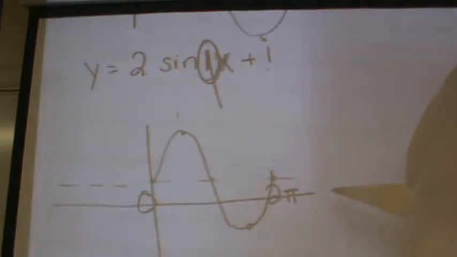If b is 1, it's going to take 0 to 2 pi for your period to complete. If it's a tangent or cotangent graph, it's 1 full period. But we need 2 full periods to get the complete cycle for sine and cosine. So now you're going to see when the graph has a number here that's not a 1.